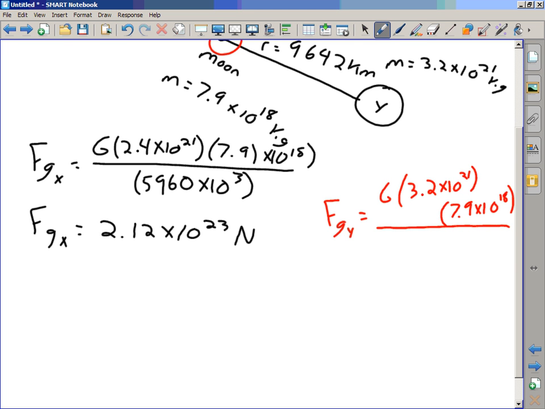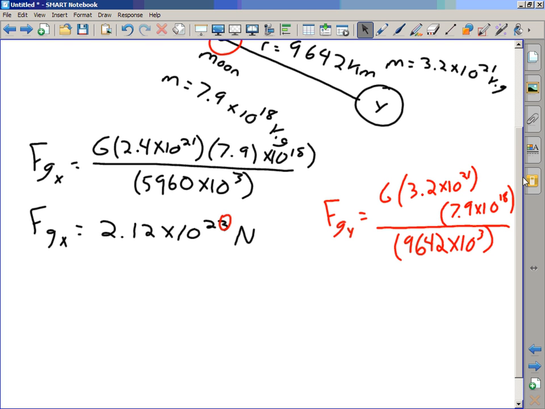Actually, on the force of gravity, it's times 10 to the 20th. That would make a little more sense. Still pretty high acceleration, though. Still over 100. Then the distance is 9,642 times 10 to the third.